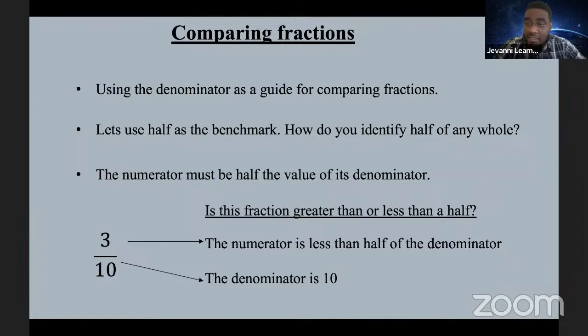Less than a half, all right. So it's going to be less than a half, and the reason is that the numerator is 3 and half of the denominator is 5. So 5 is greater than 3, or in other words, 3 is less than 5. This is why this fraction is less than a half.